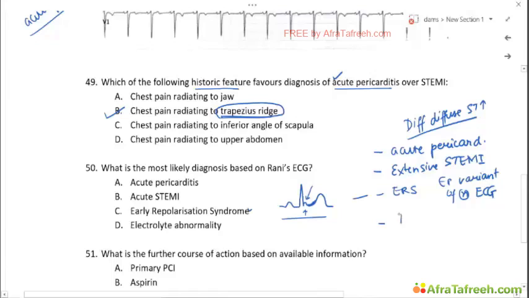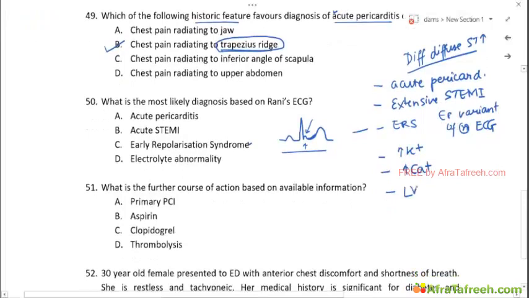Okay. As I said, hyperkalemia can cause anything. Some electrolytes like hypercalcemia can also mimic an ST elevation. Other causes include left ventricular hypertrophy, which can cause secondary changes in the repolarization, or LBBB. These can cause ST elevations.